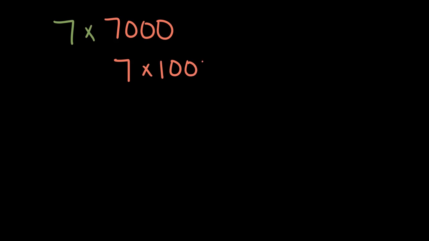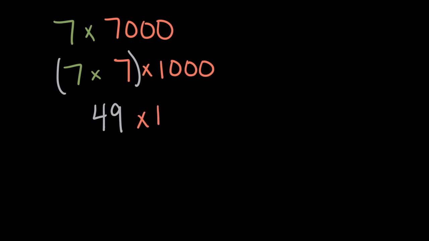Let's try another one, but this time let's go even another place value and try thousands. Something like 7 times 7,000. So like in the previous ones, we're going to break up our thousands. 7,000 is the same as 7 times 1,000. 1,000 7 times. And we still have our times 7 in the front here to bring down. And again, we can multiply our single digits first, our one-digit numbers. 7 times 7 is 49.